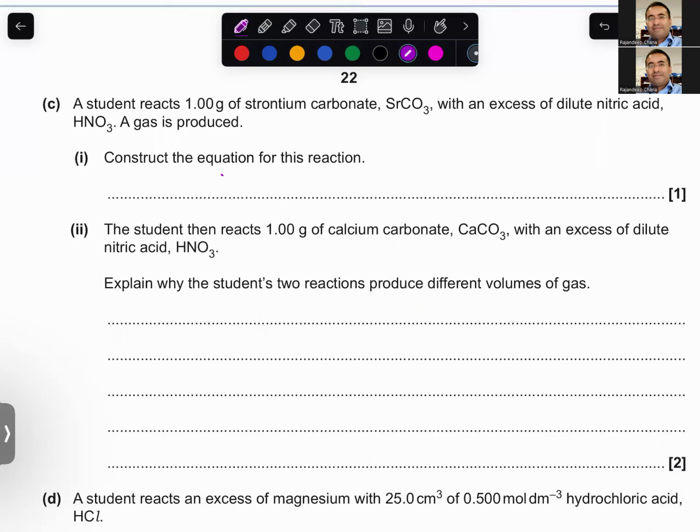You see strontium carbonate, you learned this in GCSE, a carbonate plus an acid goes on to give you the salt, water, and carbon dioxide. We then balance, put a big 2 there, and I believe that is balanced.